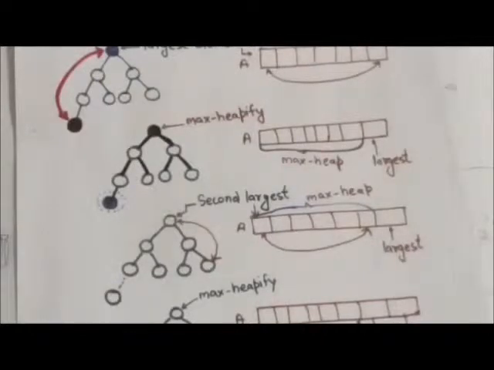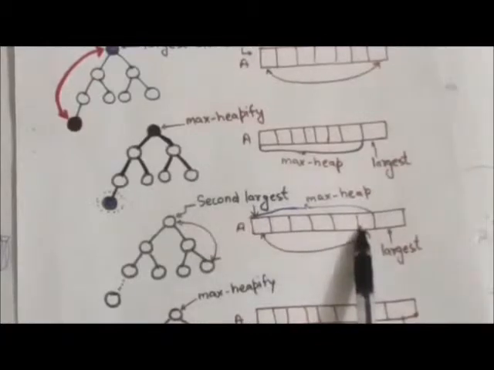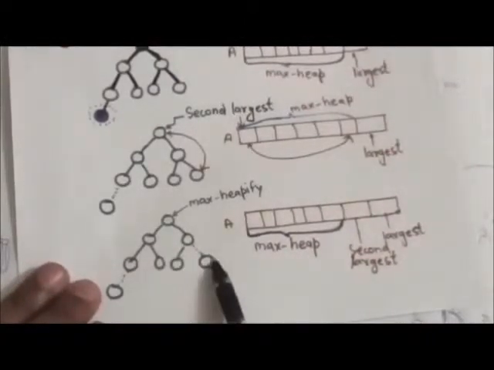So we will again exchange the root of the heap with the last element of the heap so that the second largest element of array A occupies the second last position in array A. Then we will decrease the size of the max heap by 1 and apply the max heapify algorithm on the root.